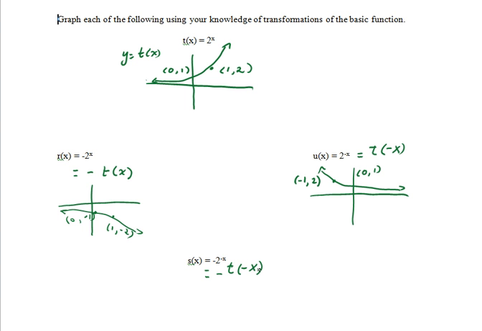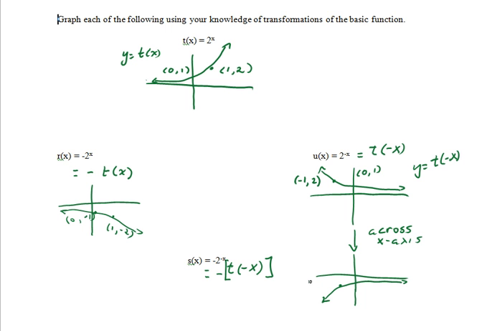And so if we want to think in terms of the function on the right, which is y equals t of the opposite of x, we will reflect this one over the x-axis, and when we do that, the curve will change from decreasing to increasing, but it will be in the third and fourth quadrants.